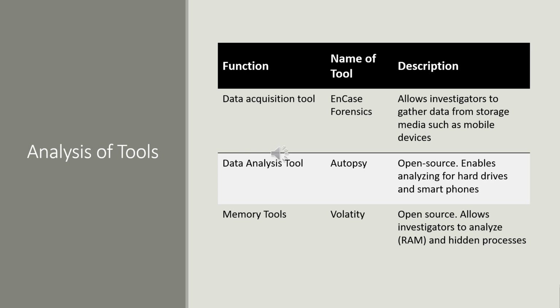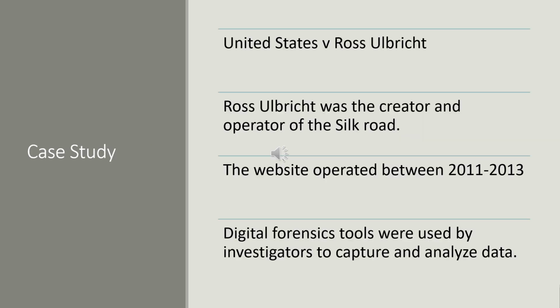Finally, Volatility is a memory tool that is also open source and allows investigators to analyze RAM and hidden processes. And this is key because such data often contains clues for digital investigators, states an article I found online upon doing some additional research.